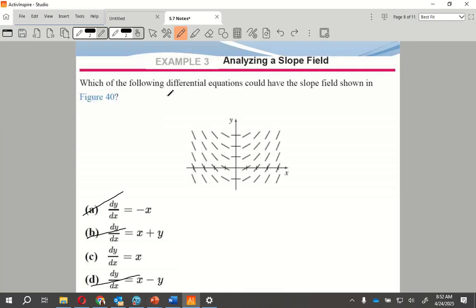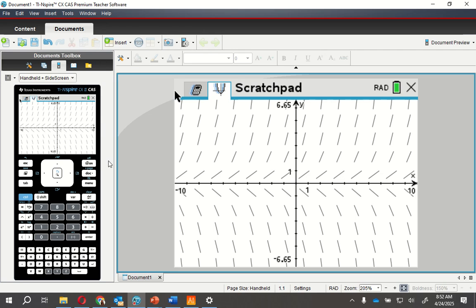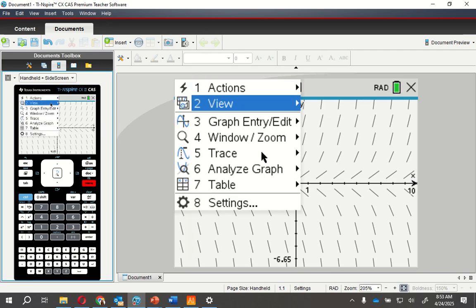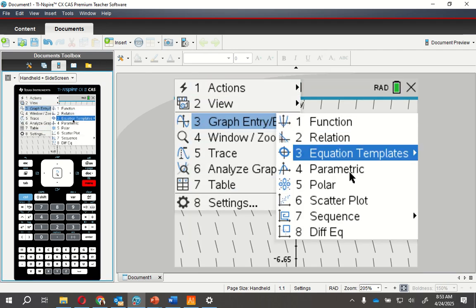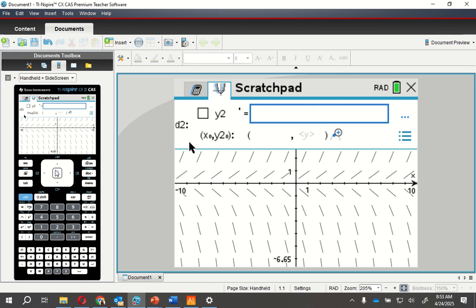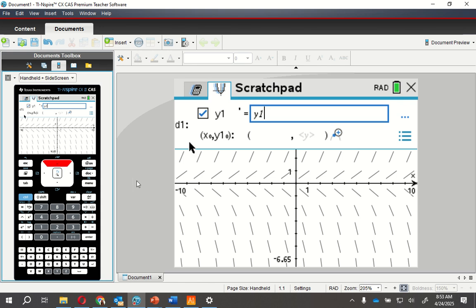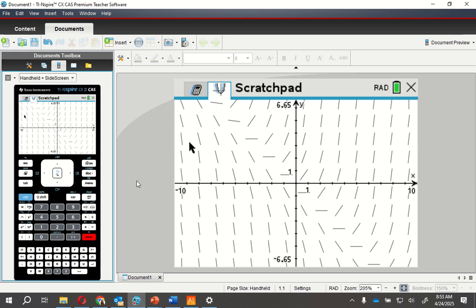So if I look at another one, let's give it an x and a y. Now if you guys are looking right here, what is the key to that?